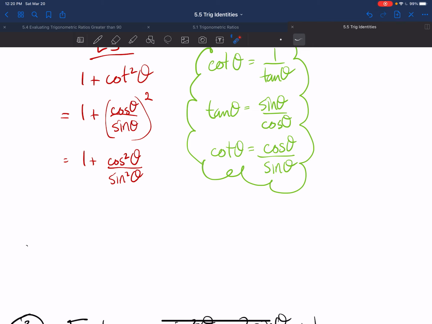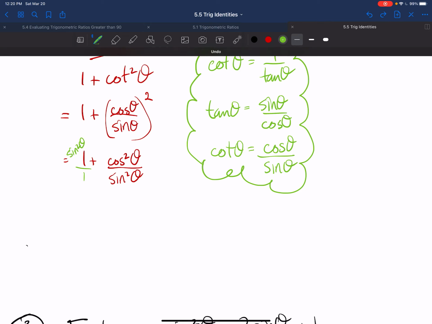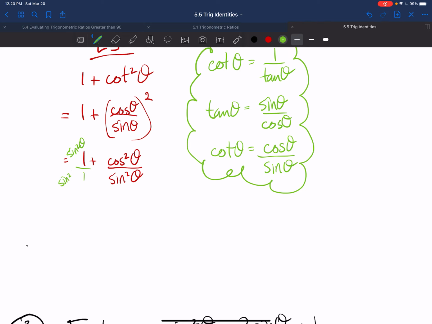Another strategy is to get a common denominator. So if you have two things, put them together. So this is 1, and my denominator is sine squared theta. So I'm going to multiply by sine squared theta, top and bottom.